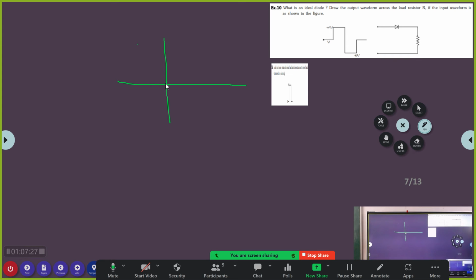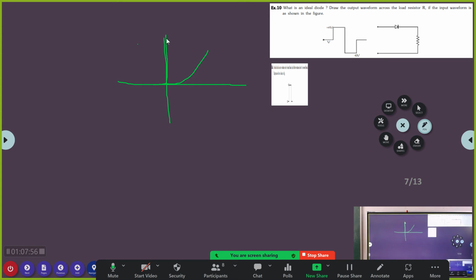Now you are at the circuit level, so you should talk at the circuit level. What is the characteristic of a real diode? This is the characteristic of a real diode. Correct? Now, in an ideal diode, what happens? The characteristic of an ideal diode will be like this.